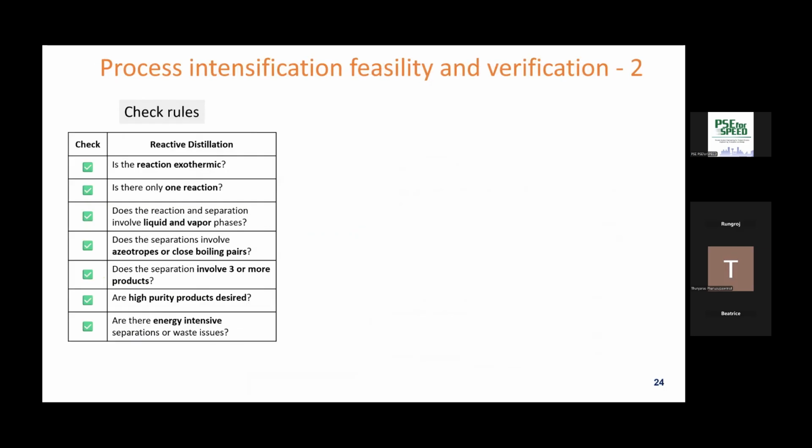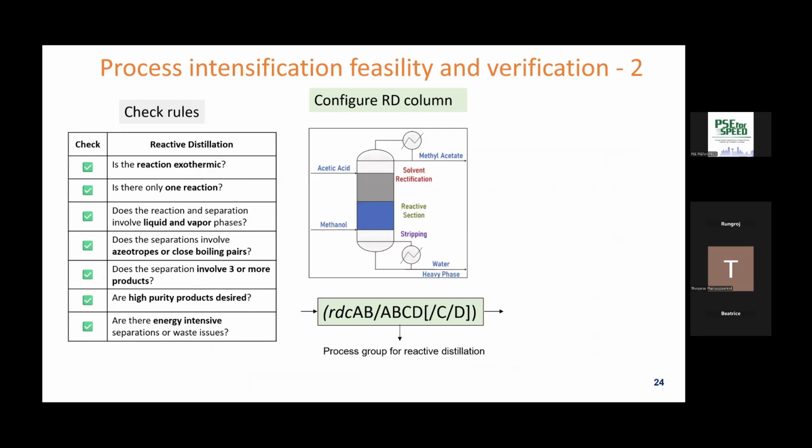So I show you the 7 questions. It is yes. So we now combine reaction and separation together. So 2 atoms combined together give a molecule. So reactive distillation is combining a reactor atom and a separator atom. So A and B come in, C and D are produced internally, and then C and D go out.